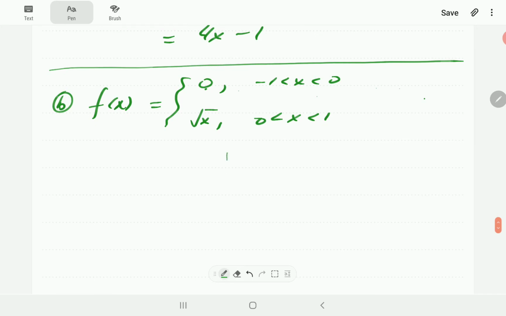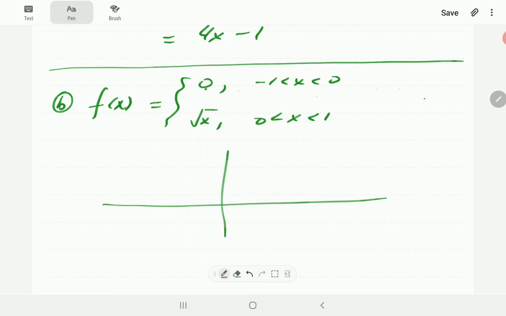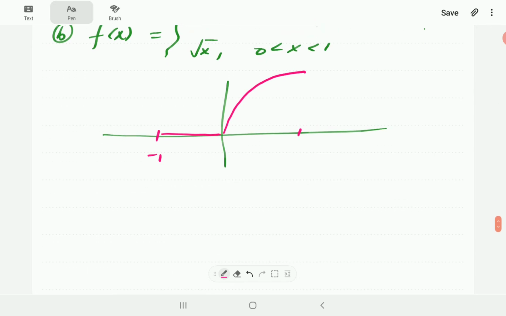So this function is going to look something like this. On the left hand side it's going to be 0, and then on the right hand side it's going to be the square root function. So it's a piecewise continuous function.